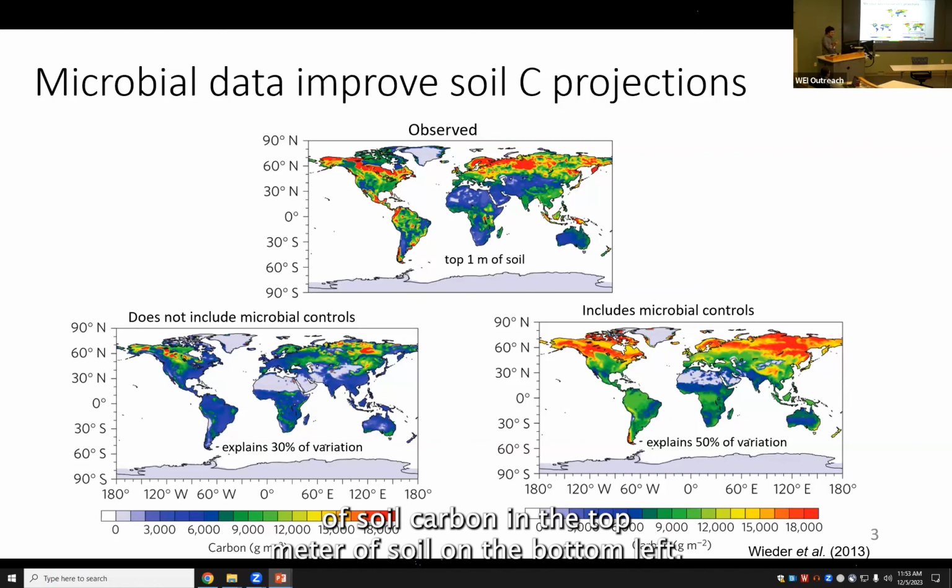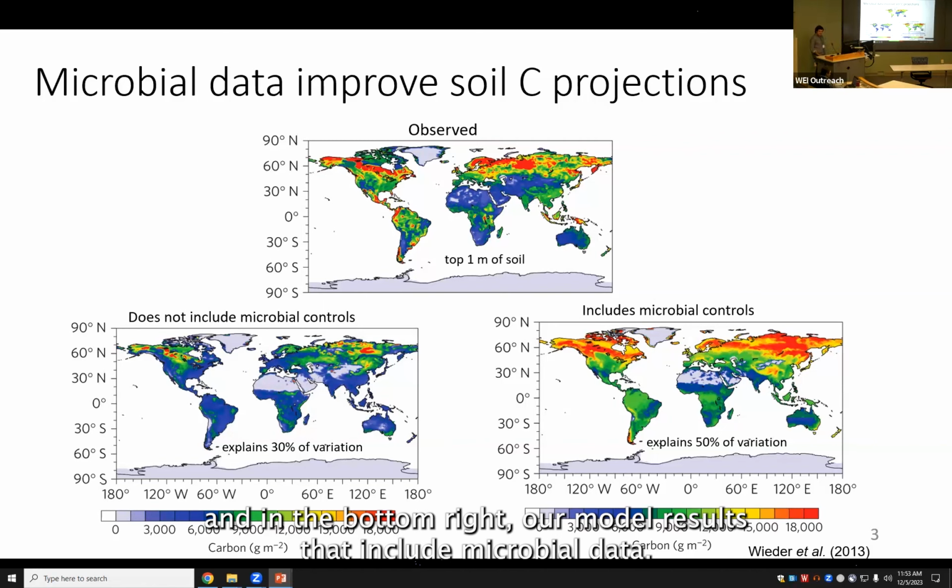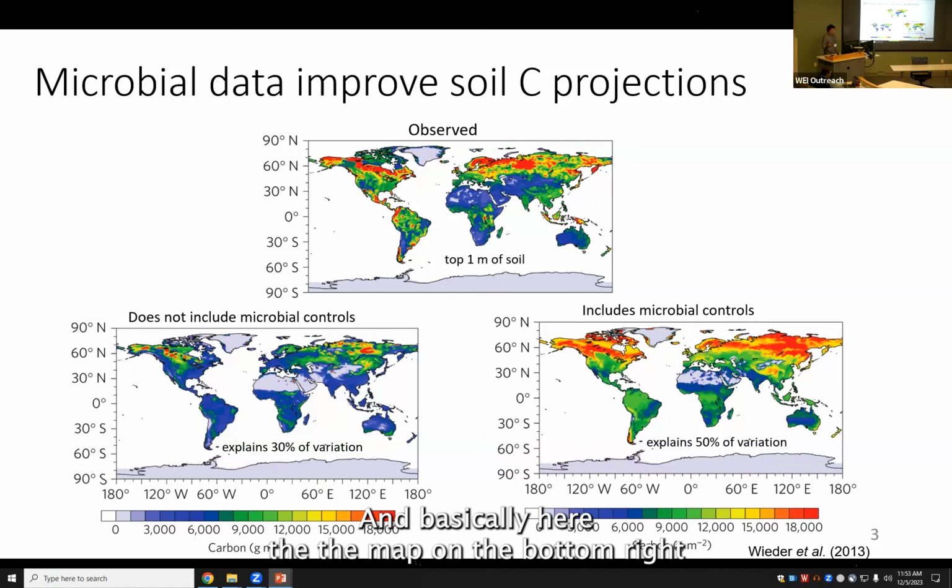On the bottom left, this is a model example that does not include microbial data. And then in the bottom right are model results that include microbial data. And basically here, the map on the bottom right looks more like the map on top than the map on the bottom left. And so the take-home message here is that incorporating, again, microbial data into these Earth system models improves predictions of carbon in the future.